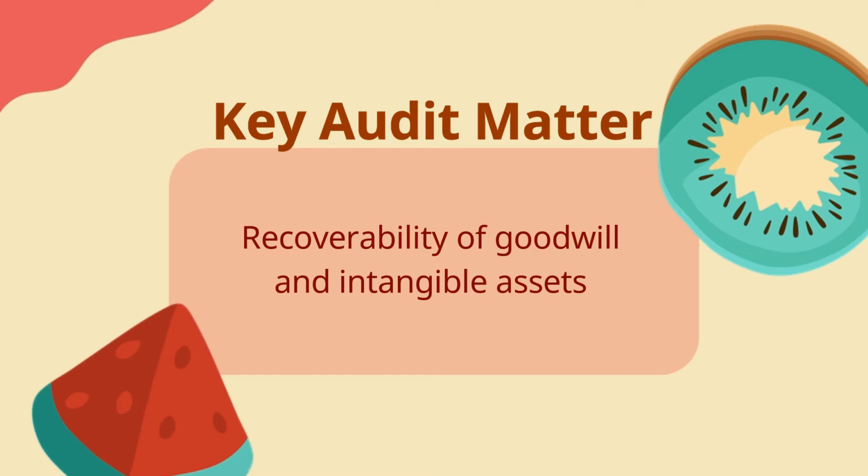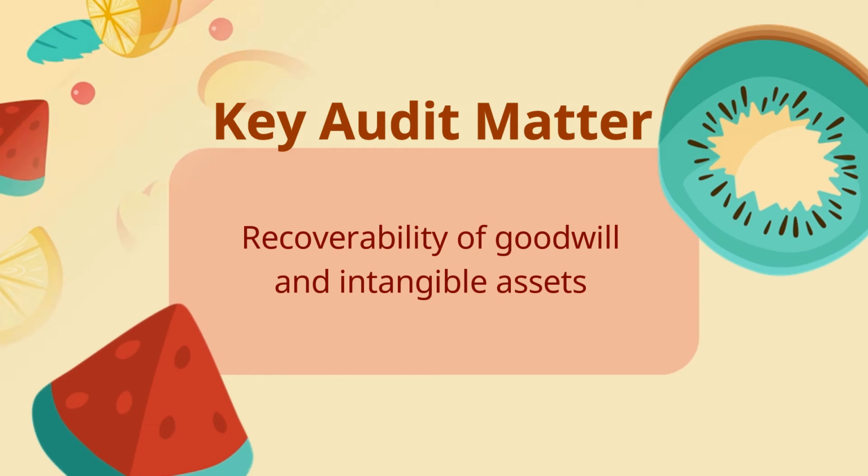In addition, there is heightened inherent uncertainty in these assumptions because they are referenced on management's expectations about future market conditions, and the current economic status is heavily impacted by the coronavirus pandemic. The auditors found no material misstatements on the recoverability of goodwill intangible assets that would affect the financial statements.